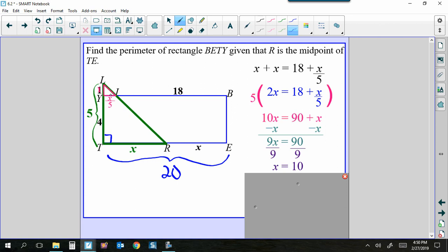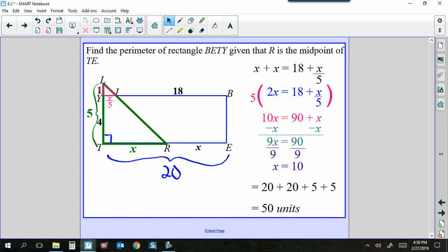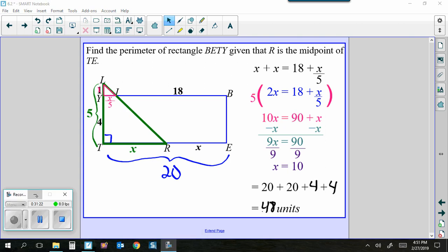Which means the top is also 20. We know up and down we have side lengths of 4. So I can add the 4 sides together and I get 48 units for my perimeter.